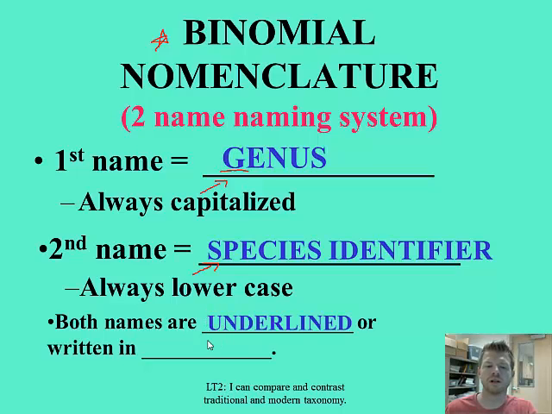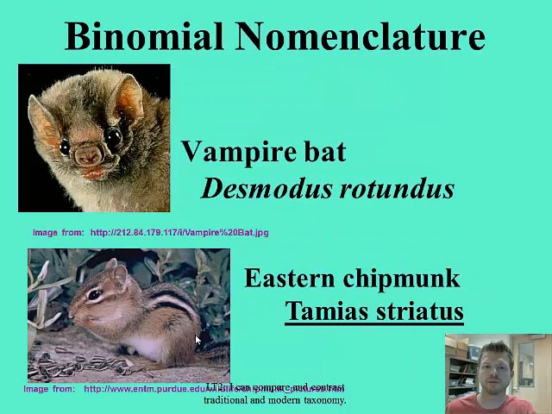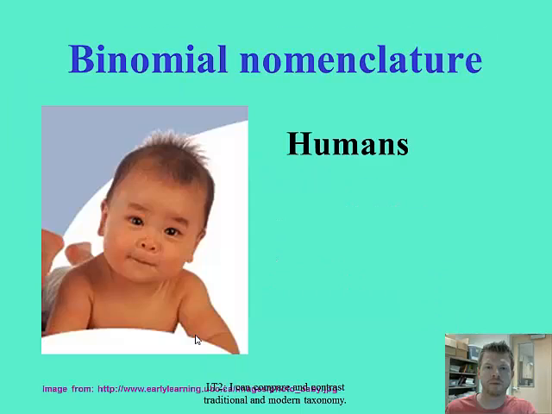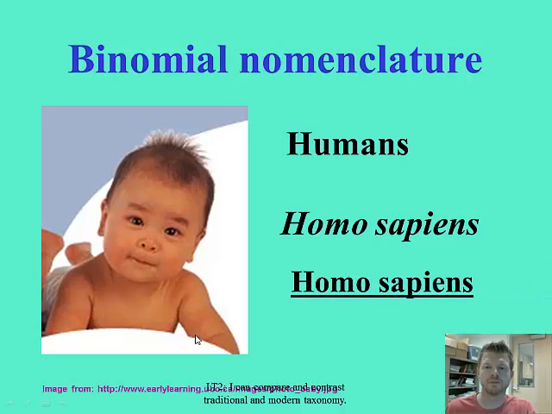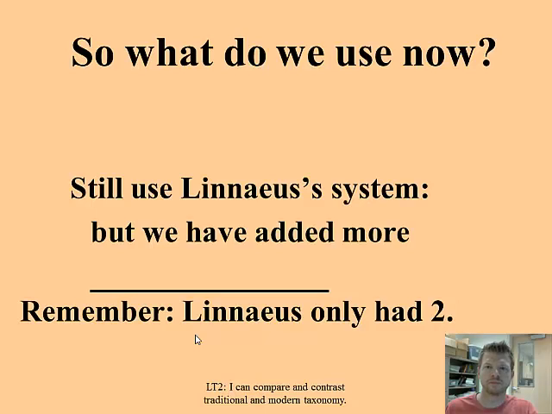Both names are either underlined or italicized to help us identify the species when we're discussing those specific animals. Okay, a couple of examples here. Here's us, same thing. We are part of the animal kingdom as well, so we have our scientific name.